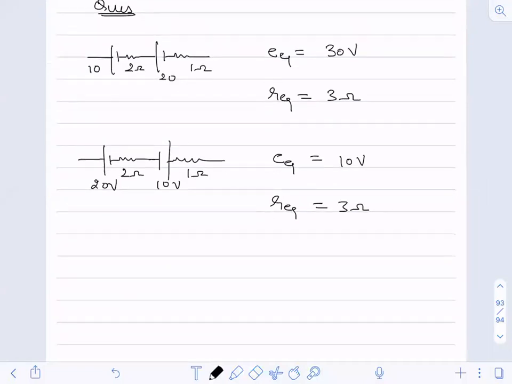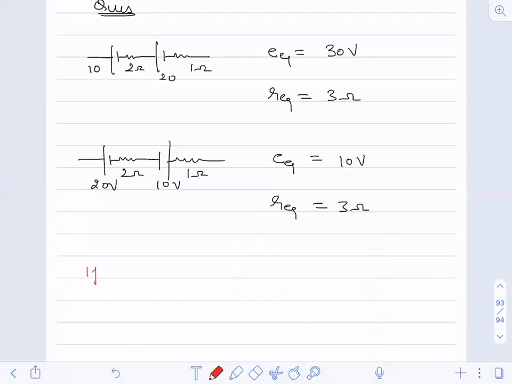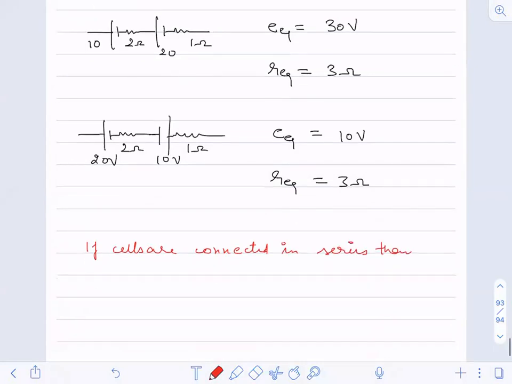Writing this as an important point: if cells are connected in series, then equivalent EMF will be given as E1 plus or minus E2.